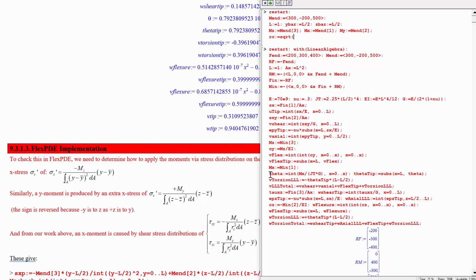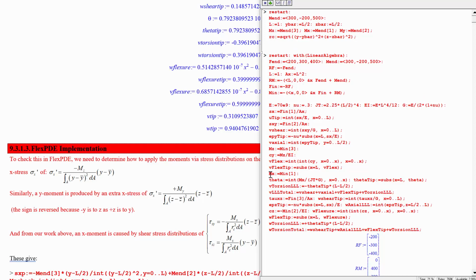So this is the square root of y minus y bar squared plus z minus z bar squared. And we can now put in, I think that should be it, right?